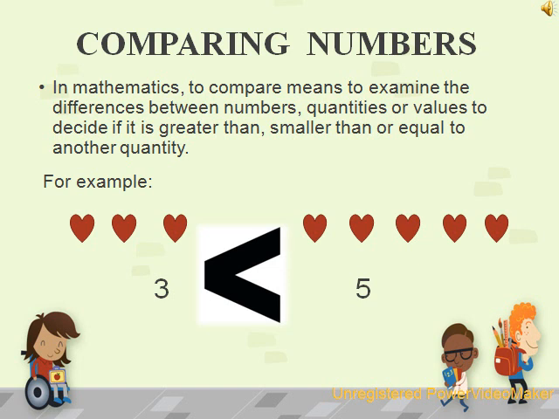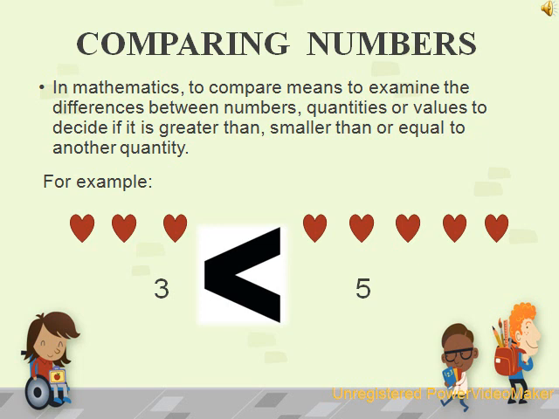On the right side, 5 hearts are there. Now, which number is greater? 5. 5 is greater than 3. So, the sign you are able to see on the screen is the sign we use for the greater numbers.